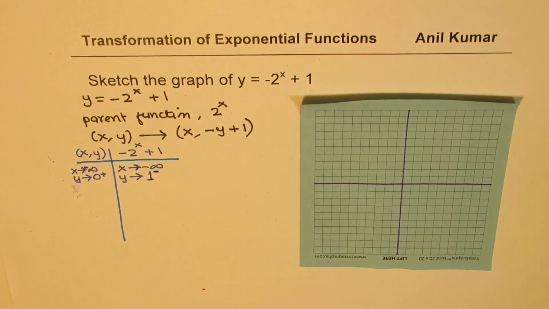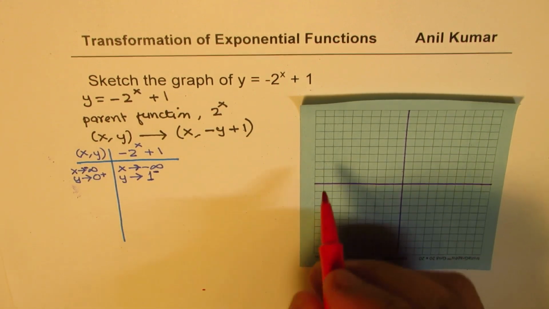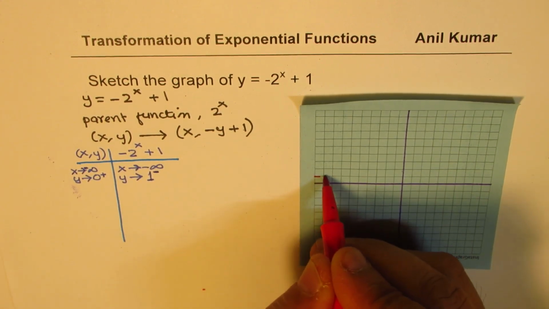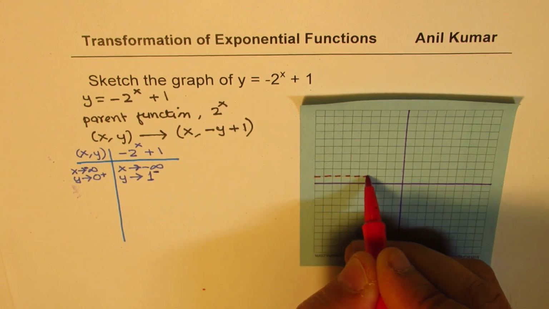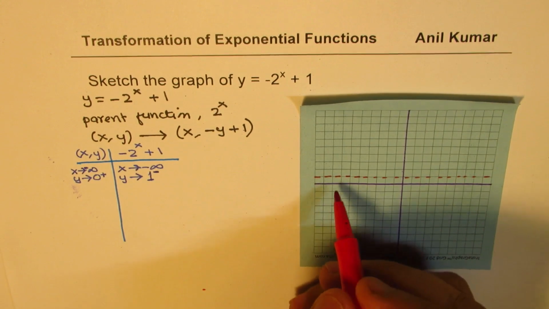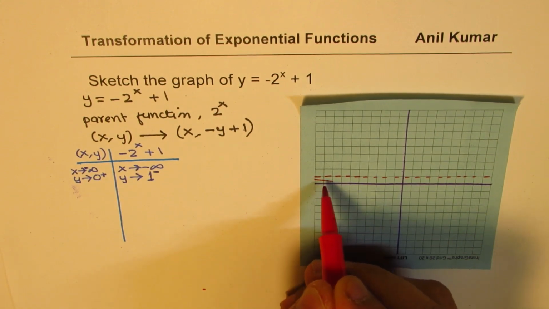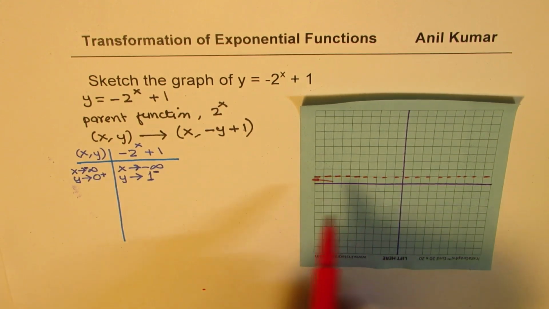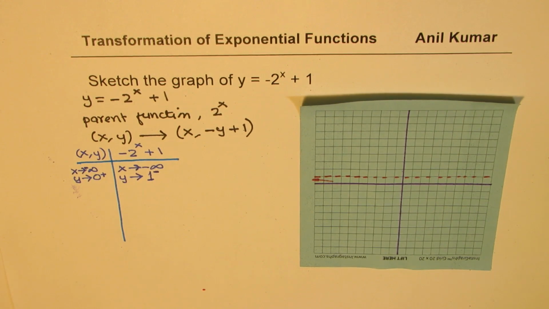So our horizontal asymptote has moved from the x-axis to 1 unit higher. Do you see that? That becomes your horizontal asymptote. So the graph is now approaching from below. Do you see that part? From below. That is kind of critical to understand, right?